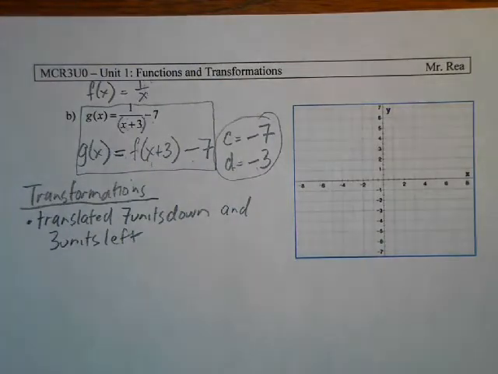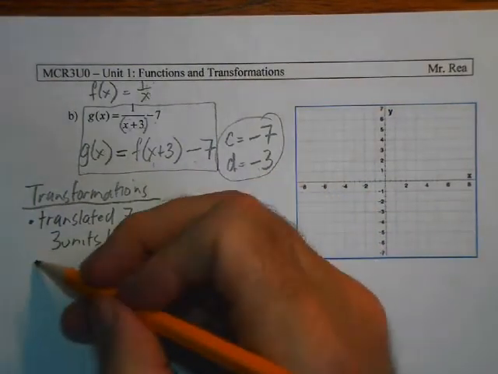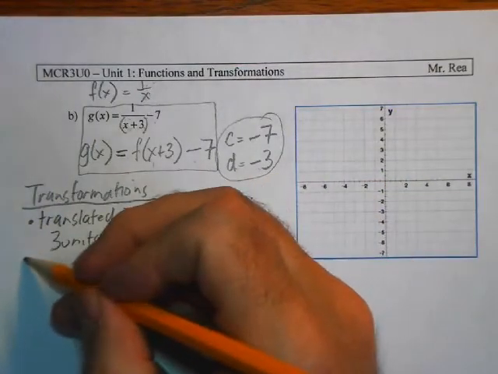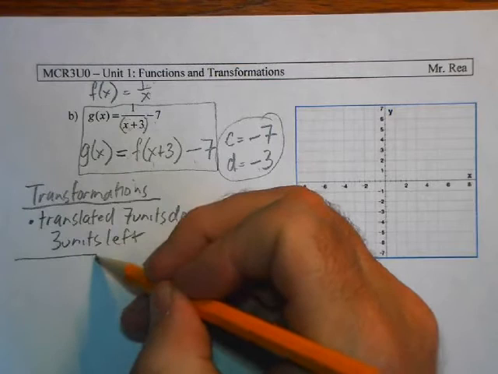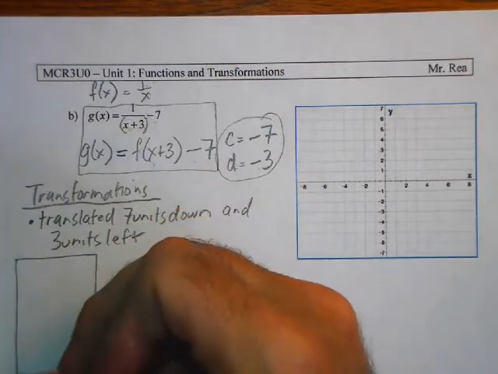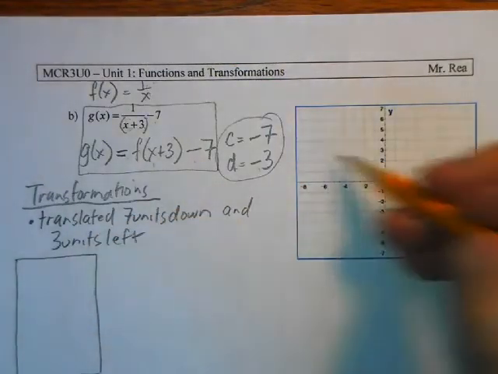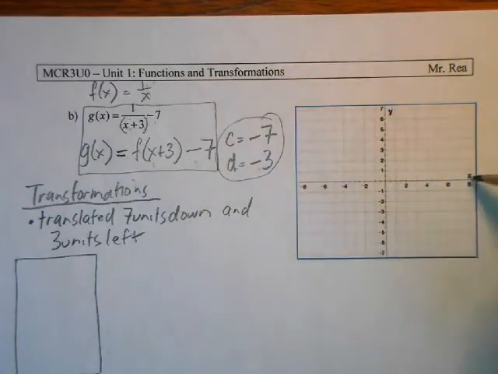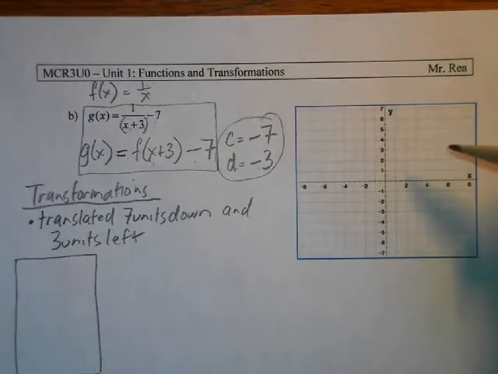Okay, so let's do our tables. So you remember this one was a little bit, remember the graph of 1 over x? It had the 2 branches, and it also had 2 asymptotes, which made it quite unique compared to the other 4 base functions.